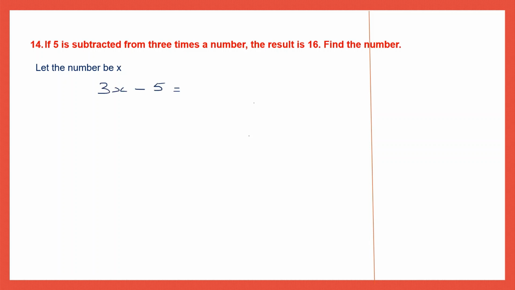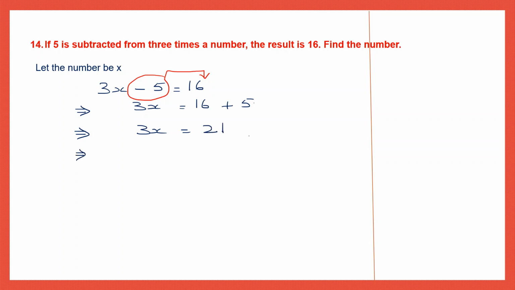They are saying the result is 16. Now we have to find the number. So we can solve for x here. First 3x will be 16 plus 5, because we have transposed minus 5 to the right hand side. It becomes plus 5. So 3x is equal to 16 plus 5, which is 21.